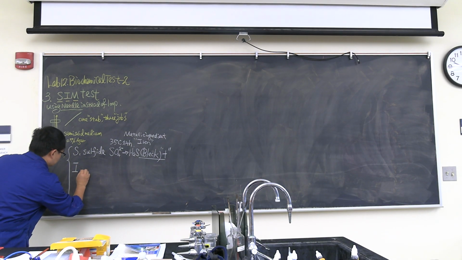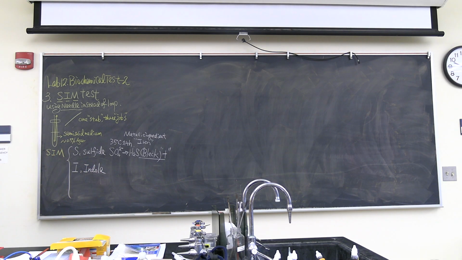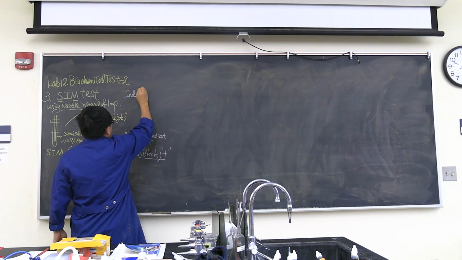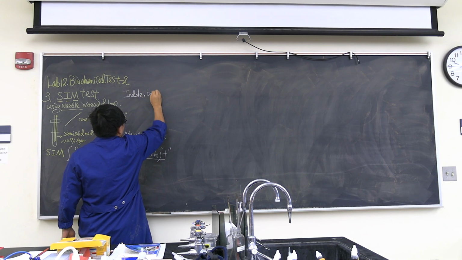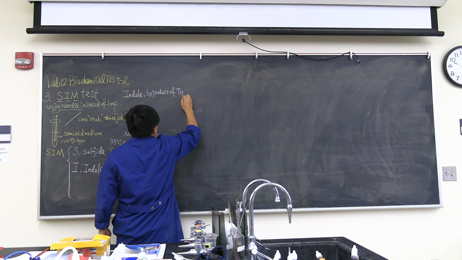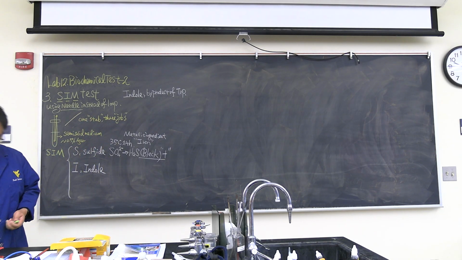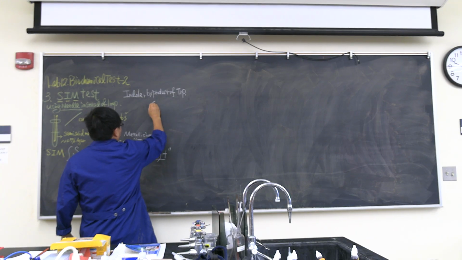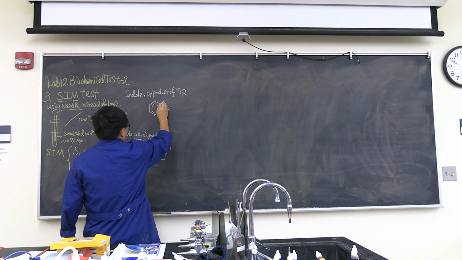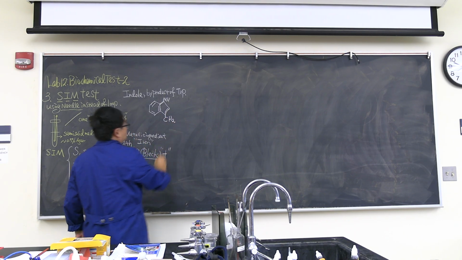Okay, what is I? That means indole. So what is indole? This is a byproduct of tryptophan. It is an amino acid, an essential amino acid. So what does it look like? Goes here.